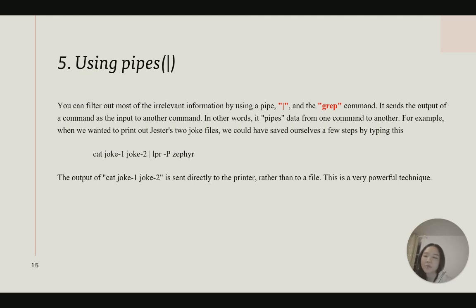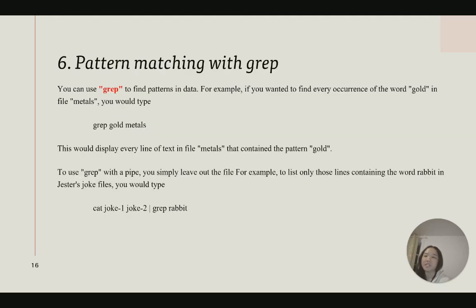For example, when we wanted to print the tester job file, we could have saved ourselves a few steps by typing cat job1 job2 | lpr -P zepsyr. The output of cat job1 job2 is sent directly to the printer rather than to a file. This is a very powerful technique.